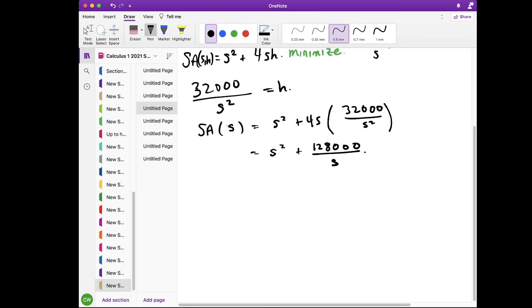Okay, so this, that's an S, by the way. S cubed plus 128,000 over S is equal to SA of S.